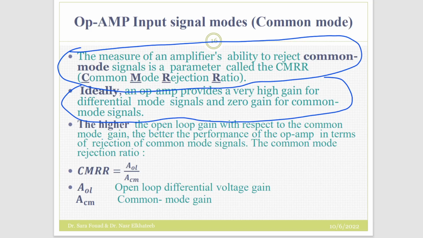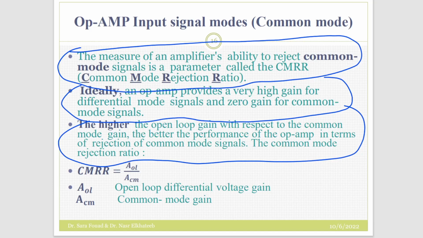The higher the open loop gain with respect to the common mode gain, the better the performance of the op amp in terms of rejection of common mode signals, the common mode rejection ratio.